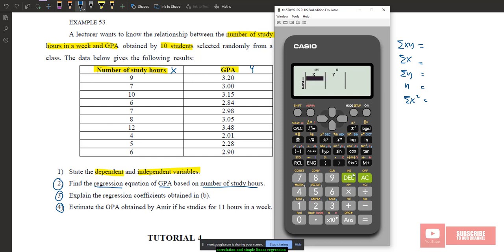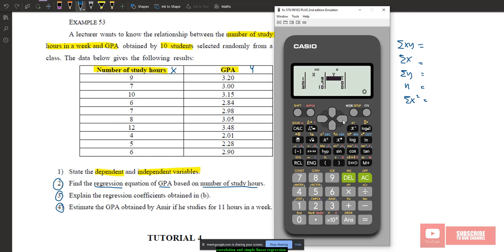The first values are 9, 7, 10, 6, 7, 8, 12, 4, 5, and 6. So we have 10 values.